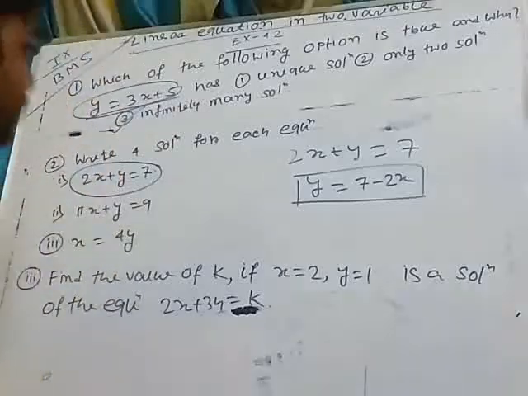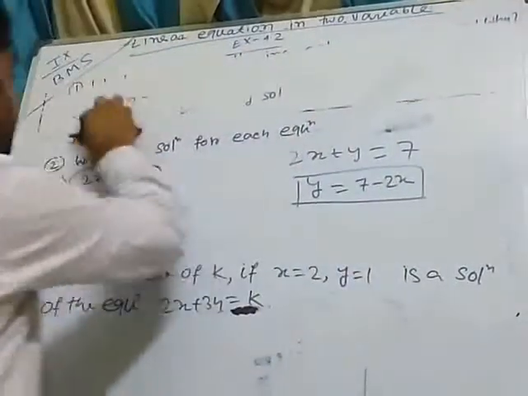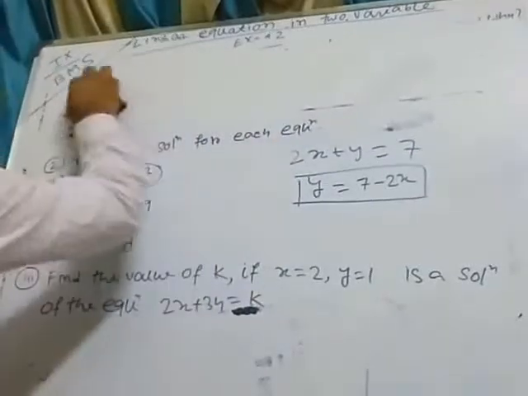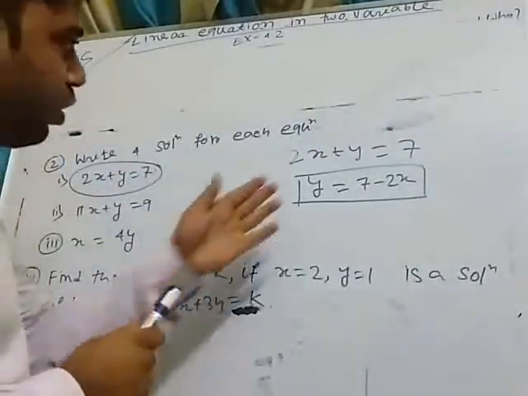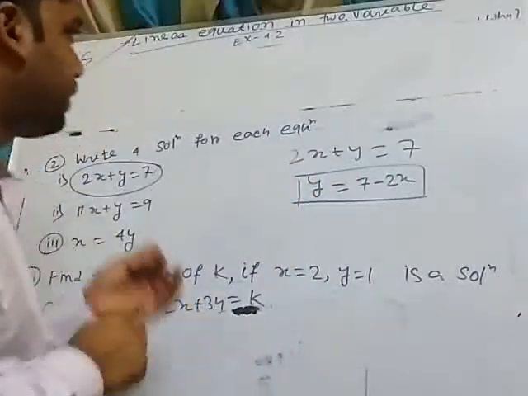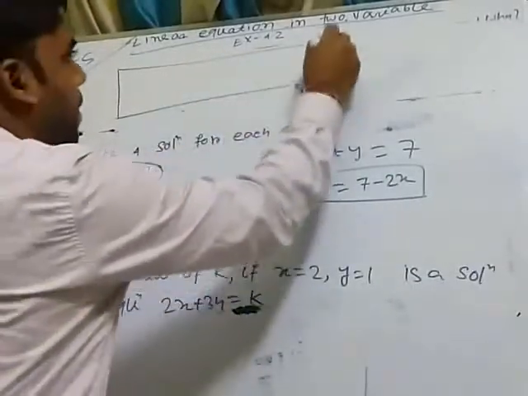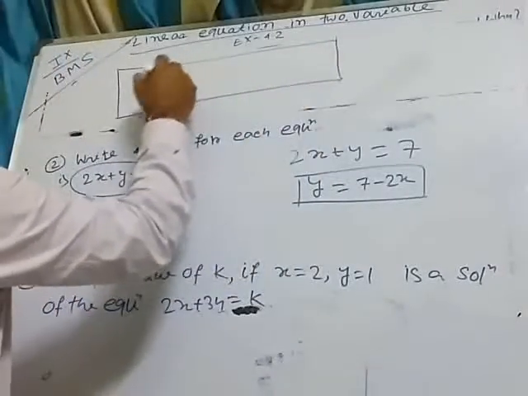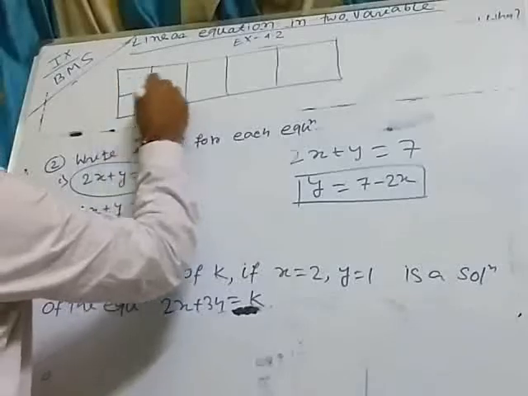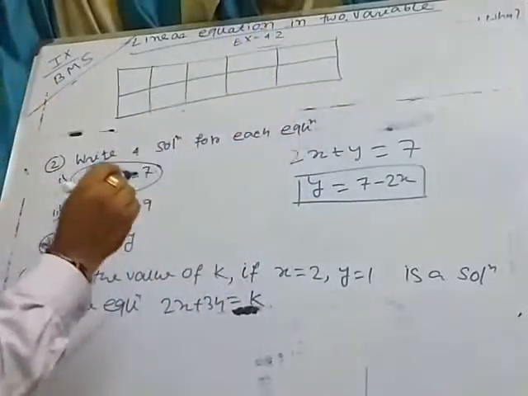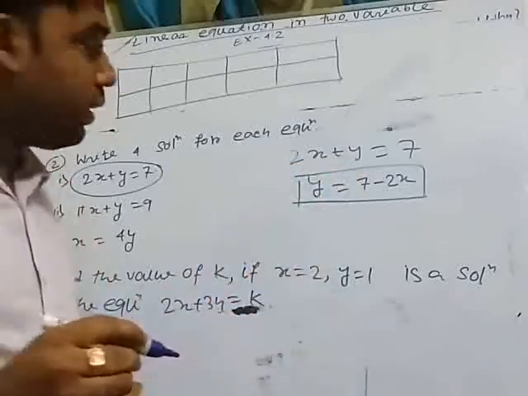I am erasing the first question as we have solved it. Okay, now y equal to 7 minus 2x.